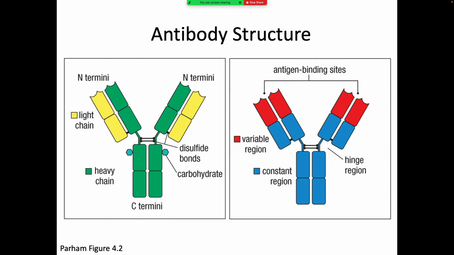The antigen binding sites are at the end that you can see up here. Sometimes we talk about that as the Fab, or the fragment with antigen binding. And we have this Fc tail down here, which stands for the constant fragment.